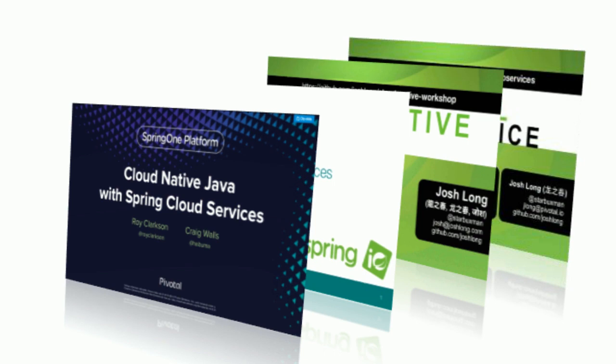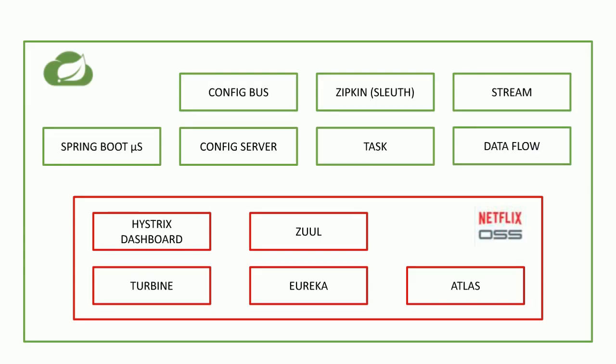So I'm not going to talk about that specifically because you've seen these talks or you can see them online on YouTube. They're there. And actually what I want to discuss today is what can be added on top of that stack.